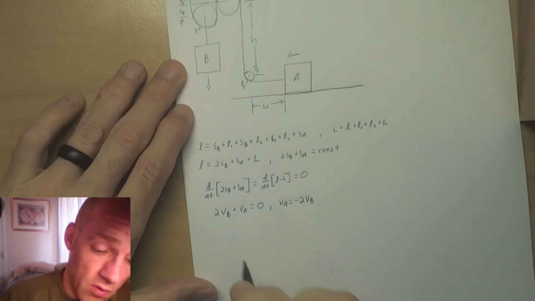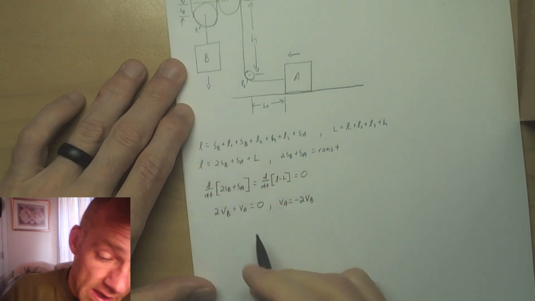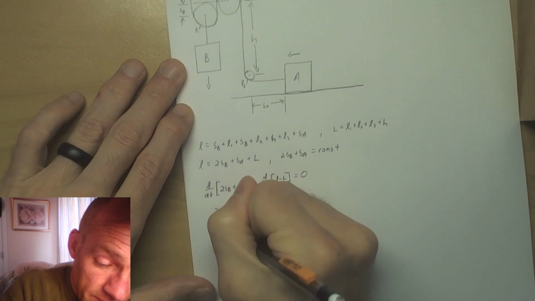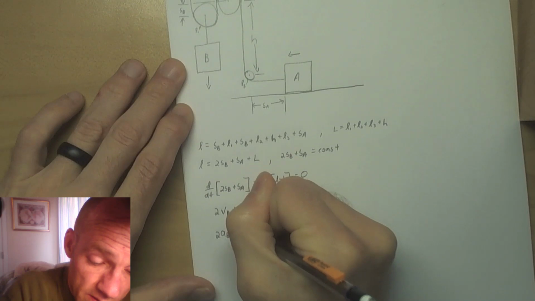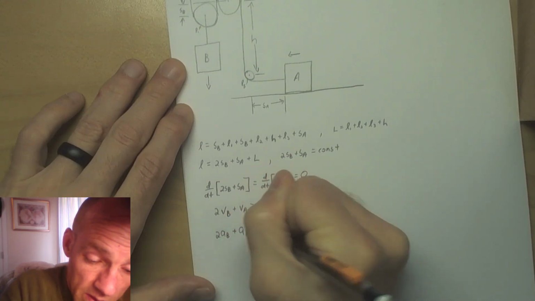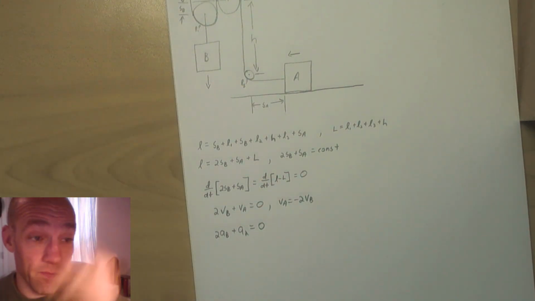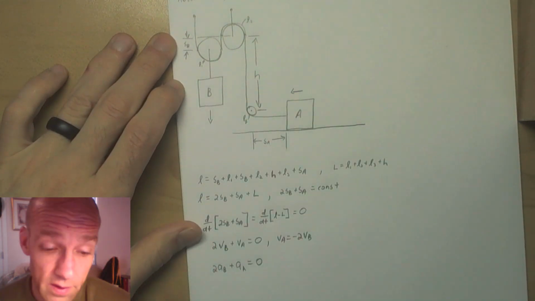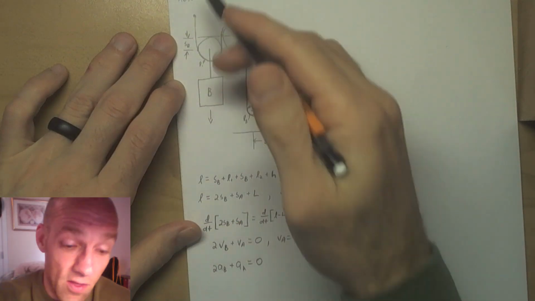And then likewise for the acceleration, we just take the time derivative of this again, and that's pretty straightforward. We just get 2 times the acceleration of B plus the acceleration of A equals 0. That's how the motion of these two objects is connected in this particular arrangement.